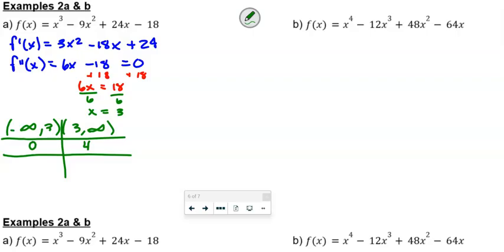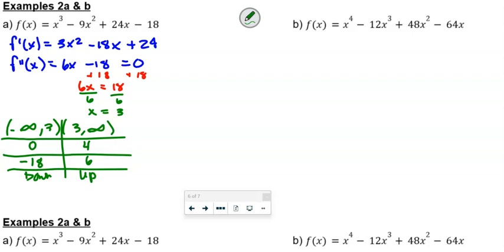I'm looking at the wrong one. Yeah, that would be negative 18. Can't read my own handwriting. Okay, then this next one, if I did 6 times 4, that's 24 minus 18, that would be 6. So we went from down to up. So yes, there's going to be a point of inflection.